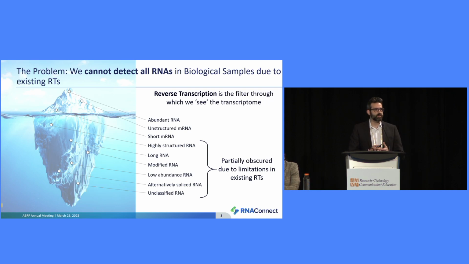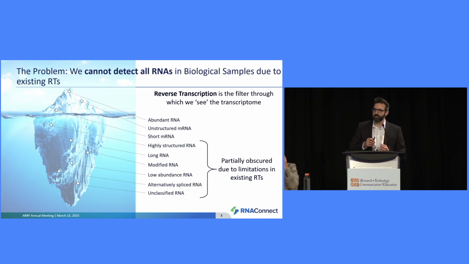So the real question is, what are we missing? How deep is the iceberg beneath the surface? Maybe our understanding of RNA function is limited because the functional characteristics of the RNA is currently invisible to us.